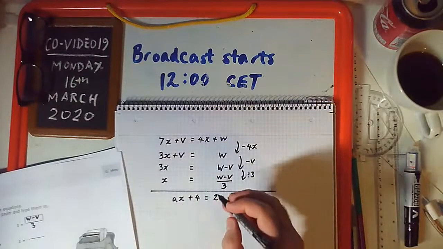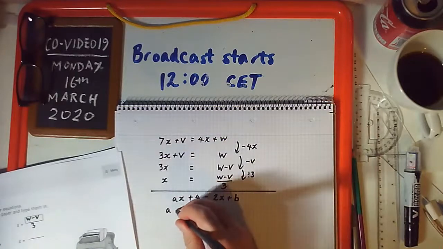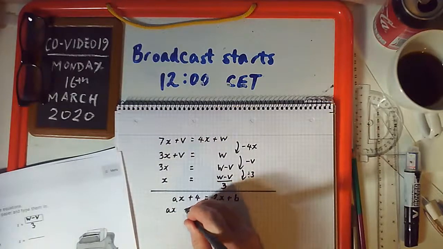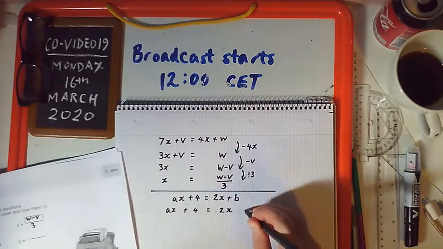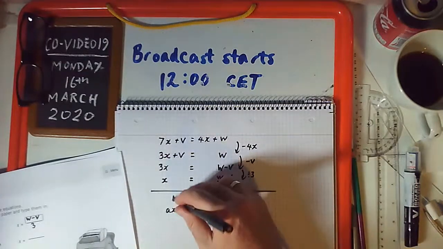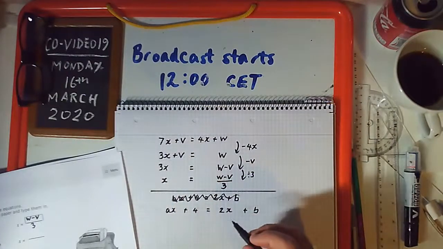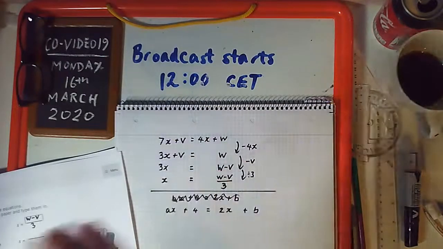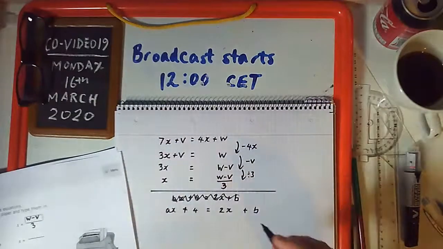Tell you what I'm going to do is just space this out a little bit more. So forget I wrote that. See why in a minute. I'd like all of the x's on the one side, and I'd like all of the other things on the other side.